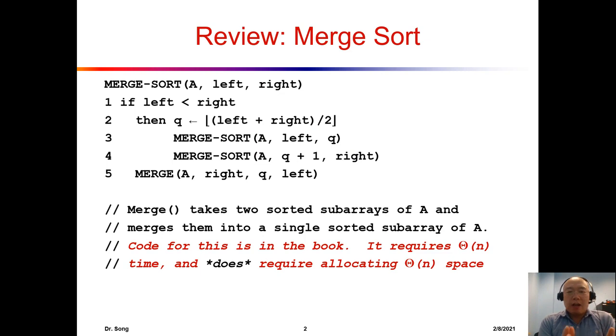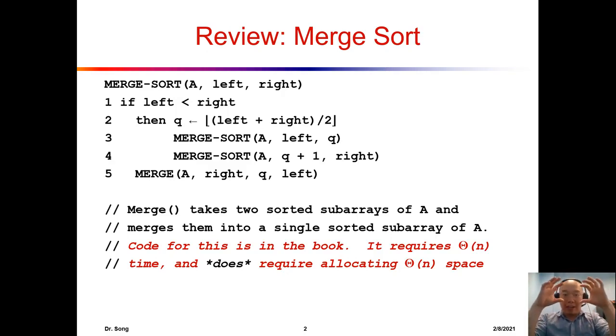Last lecture we talked about merge sort, a recursive sorting algorithm, and this solution is different from the old school sorting algorithms we talked about, for example insertion sort or bubble sort. The main idea now is we want to break a big sorting problem into two smaller sorting problems.